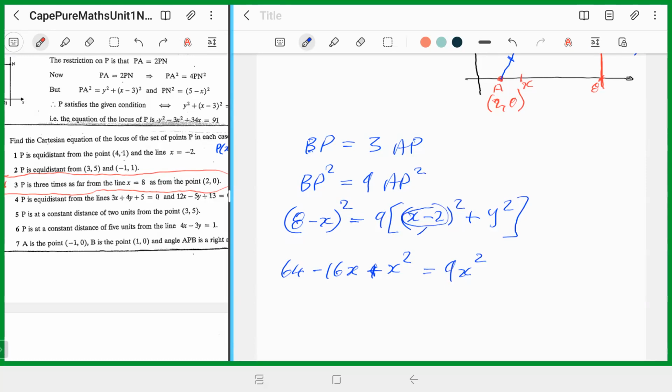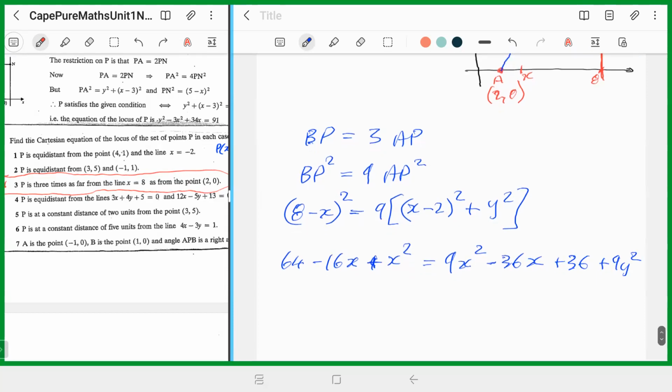Minus 4x times 9 is minus 36x. 2 squared is 4. 4 times 9 is 36. I'm going to get 36. And 9 times y squared is 9y squared. That's what I need to simplify now.